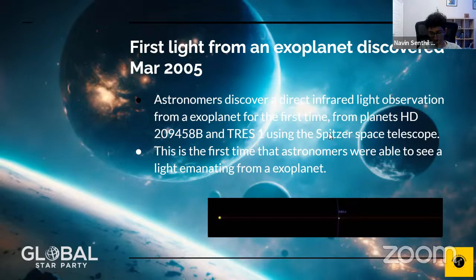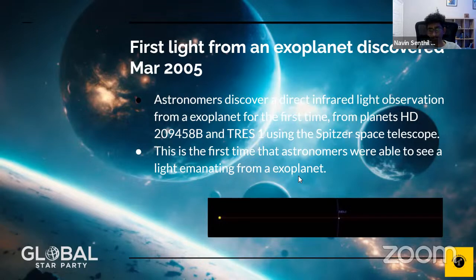This was one of the first times they used Spitzer for exoplanet research, and it started a new era of exoplanet exploration using spectroscopy and infrared technologies, which is very cool. This is the first time astronomers were able to see light emanating from an exoplanet.